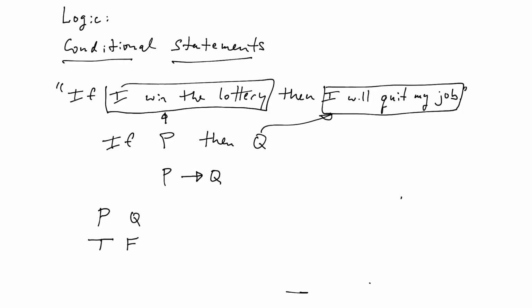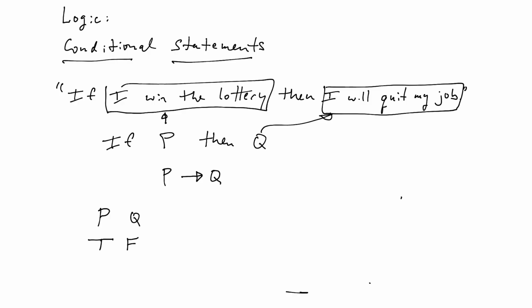If I do win the lottery and I don't quit my job, then you would say that I was lying about this entire statement, that it's not true that if I win the lottery I quit my job, because I did win the lottery and I didn't quit my job.